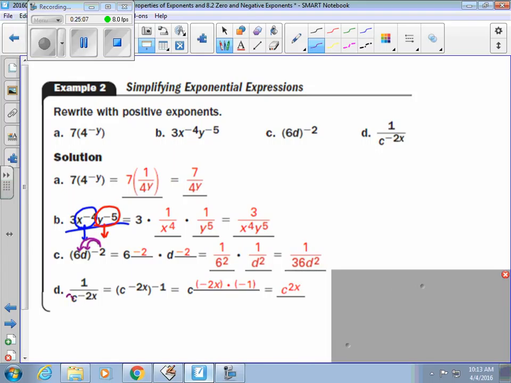So simply take this, go up with it, and it becomes c to the positive 2x over 1, which is simply c to the 2x. Again, all of these steps right here are confusing. Just think of it as the elevator rule, and it's much, much simpler. It's at the bottom. It's raised to a negative. It's got to go to the top, and it becomes positive c to the 2x.